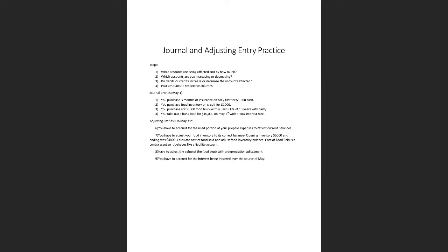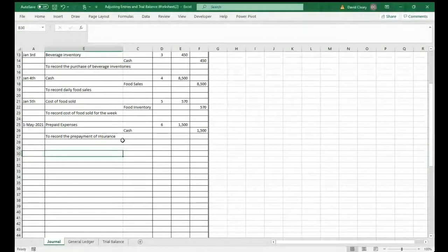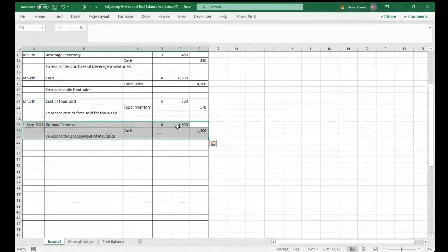Can you please go back again? I just got on. Yeah, sure, absolutely. So we were just recording that in the journal. I'm just going to share my screen again. All right, so this is the entry that we were putting in. Your prepaid expenses, $1,500 on the debit, and then cash for another $1,500. Your debits equal your credits.